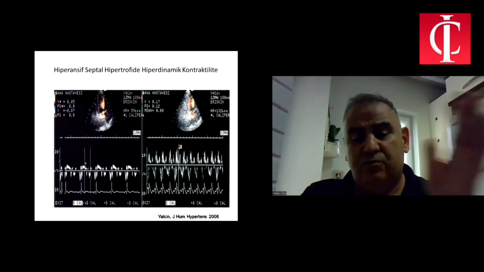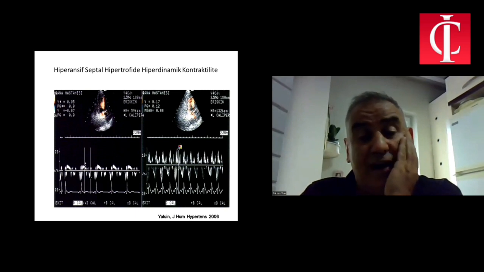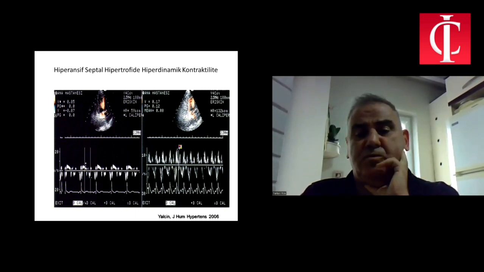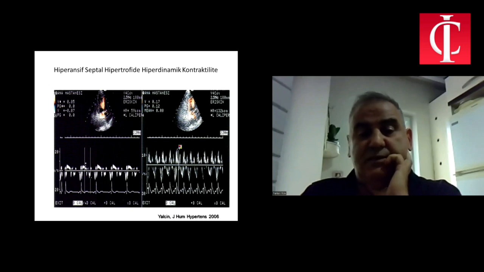And a long time ago, we again focused on the function, and we quantitated using tissue Doppler under stress, and we found under stress this region, the septal base, gives a hyperdynamic response to stress.